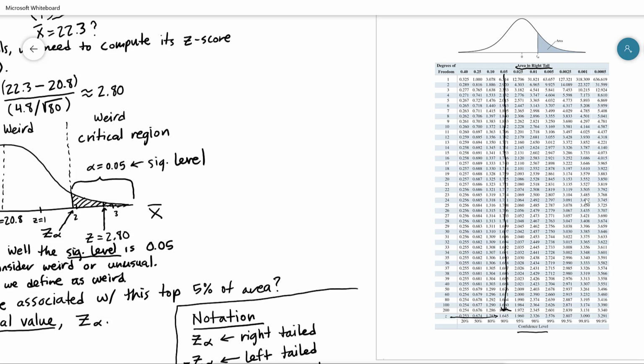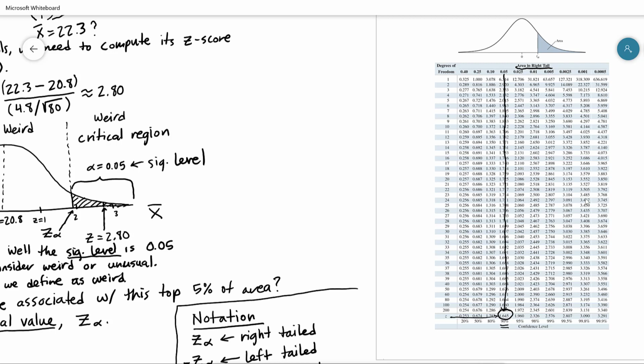Notice it's associated with a confidence level of 90%, because if we had a confidence level of 90%, where 90% is in the middle, that would leave 10% total for the tails, which would be 0.05 on this tail, 0.05 on that tail. So let me erase that quick little sketch, but that's kind of the idea.